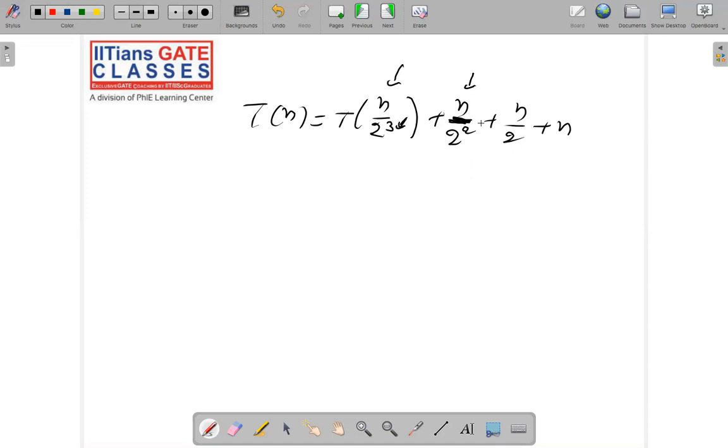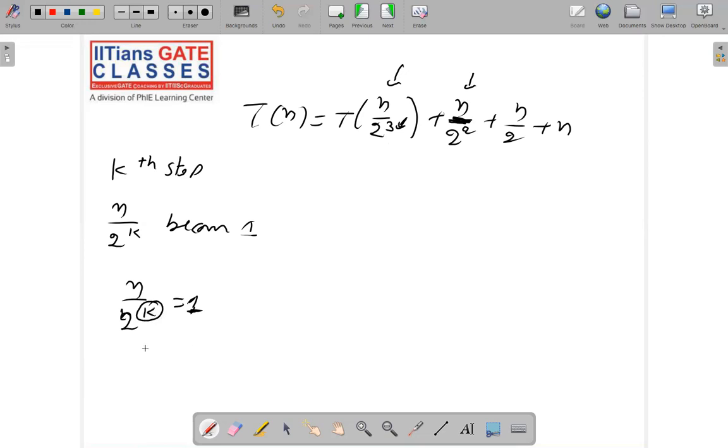So if I say that I repeated this to the kth step, where this term n upon 2 raised to power k becomes 1, then k says that these many times we have reiterated this step.